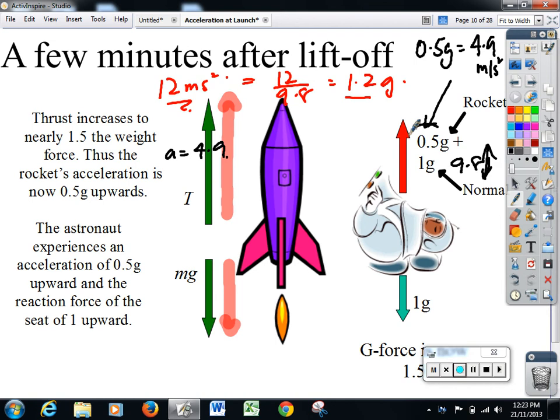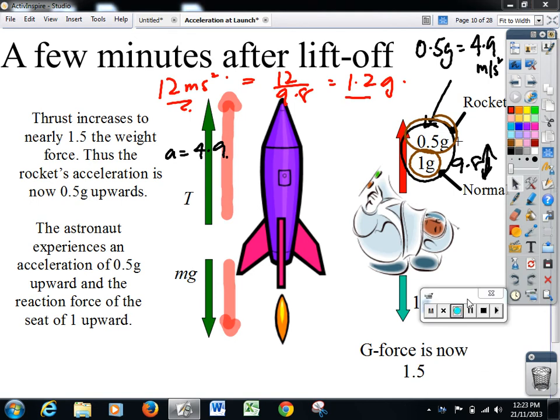So this is the convenience of using g. We can simply add these together. So we've now got the seat pushing up at 1g, and the rocket is accelerating at half a g. So the overall acceleration is now 1.5. Now, what does that mean?